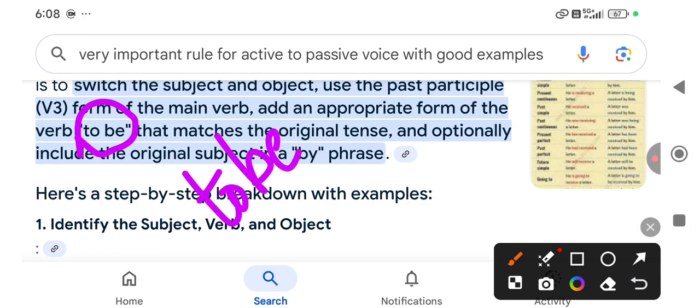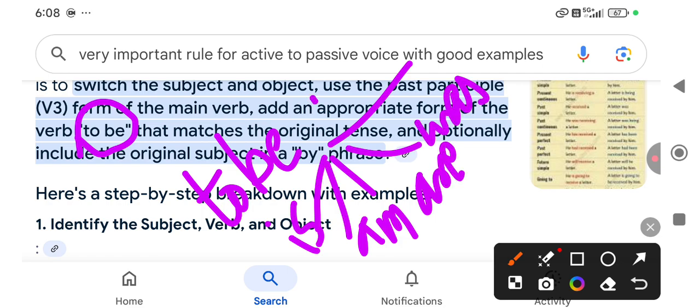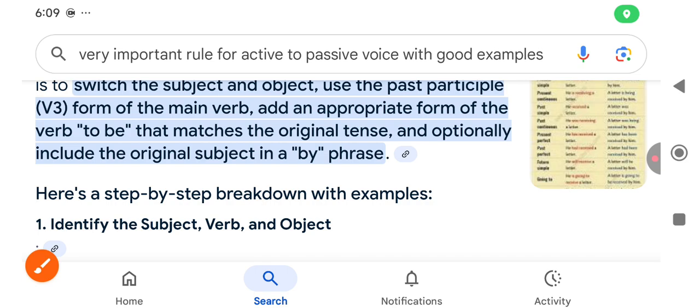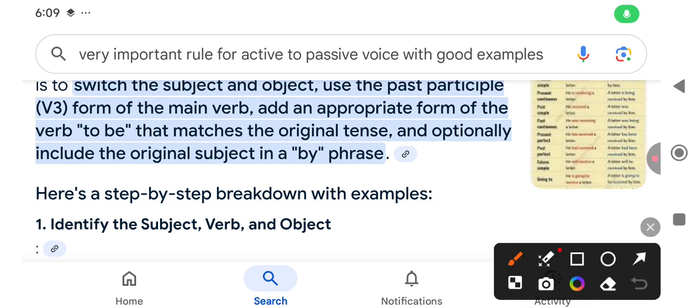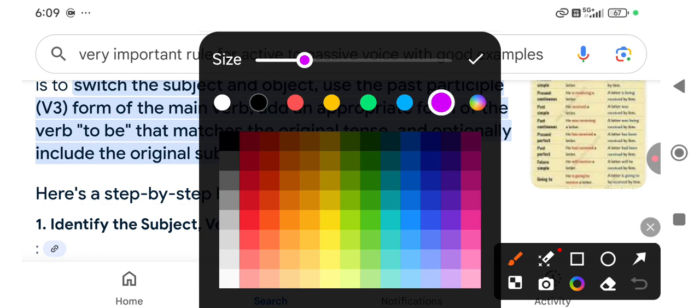To be is: is, am, are, was, were, and be, being, and been. I'm writing in another way. So you just note down because this is a very important part, right?